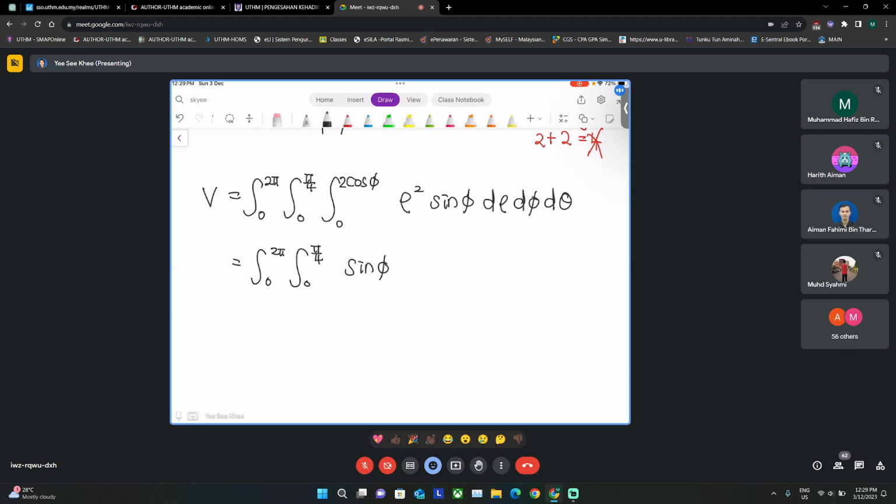You cannot press calculator. Sorry. So this one you will have a rho cube over 3, because you integrate, from 0 to 2 cos phi, d phi d theta. Okay, this one do it manually.